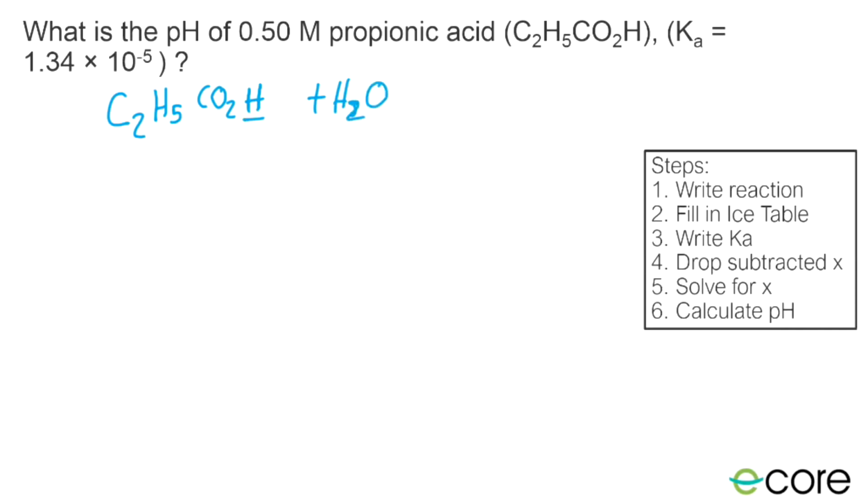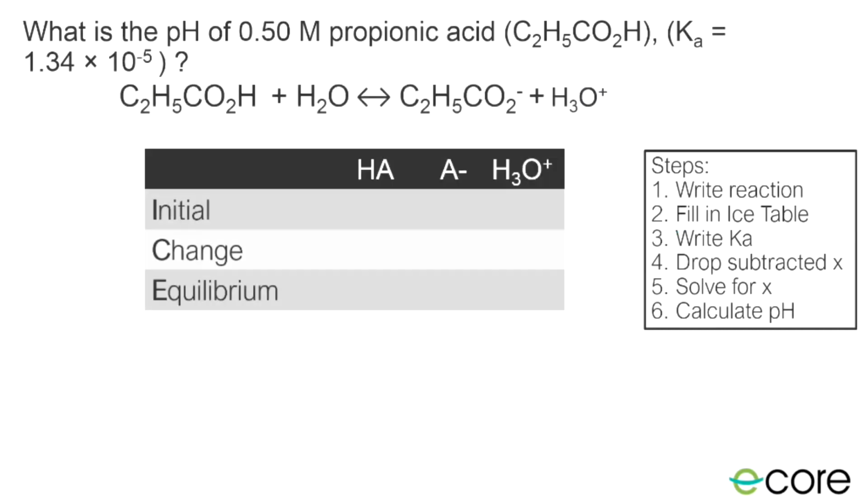That last hydrogen there is going to hop over to the water because acids donate their protons. I'm going to draw forwards-backwards arrows because it's in equilibrium, and we'll get C2H5CO2-, it's minus now because it's lost a proton, plus H3O+. So that's the reaction. And now we need to fill in the ICE table.